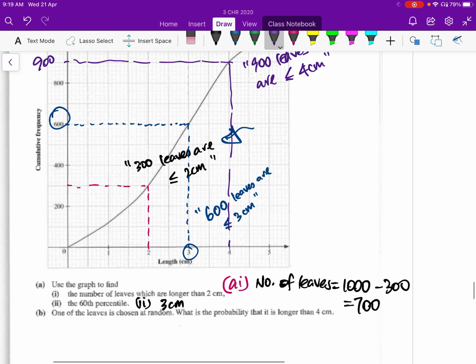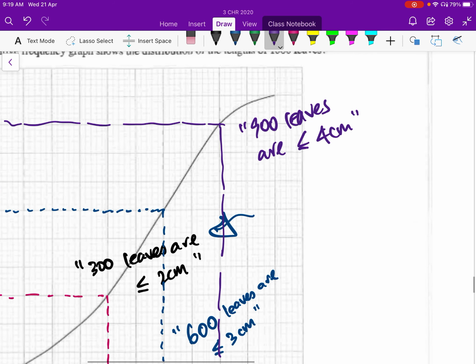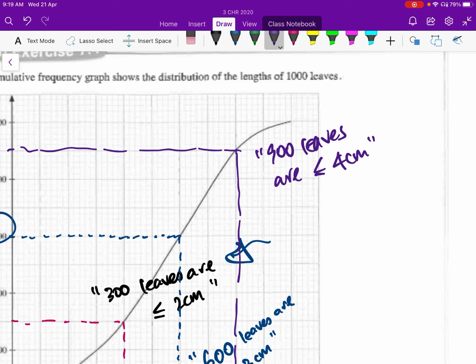So since the question wants more than 4 cm, how many leaves are more than 4 cm then? 900 less than or equal to 4 cm. How many are more than 4 cm? 100? Tina, do you say 100? Yeah, correct. So 100 leaves are more than 4 cm.